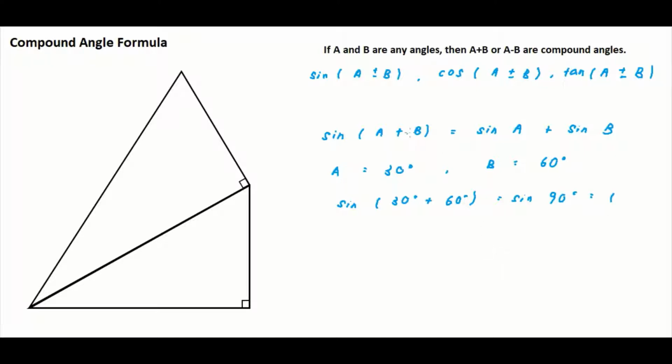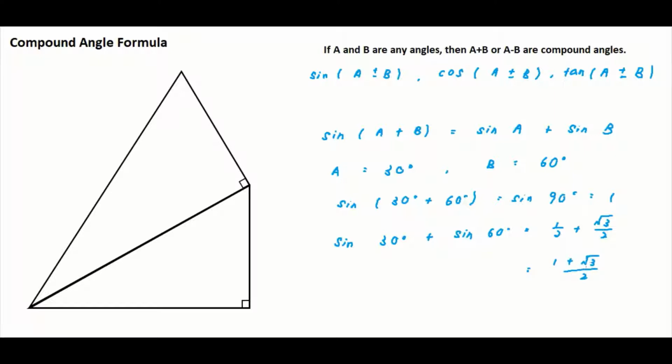Okay, so the same thing, let's check if we expand like this, what is the answer that we will get? Sine A, meaning sine 30, plus sine 60. So we will have 1 over 2 plus square root 3 over 2. So you are actually getting 1 plus square root 3 over 2.